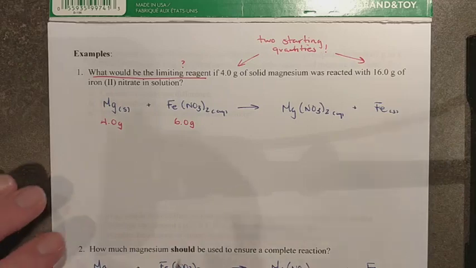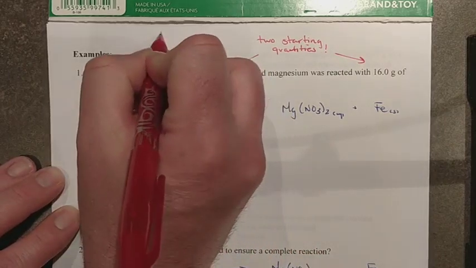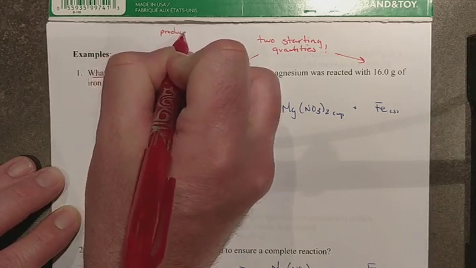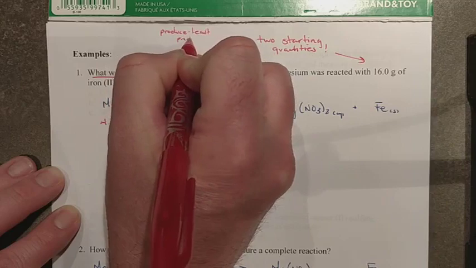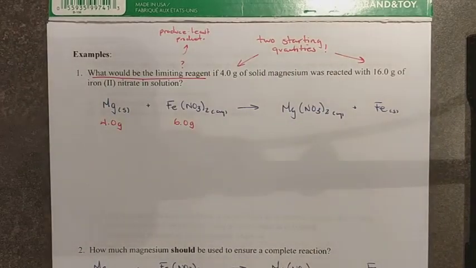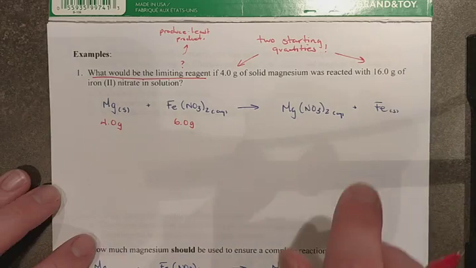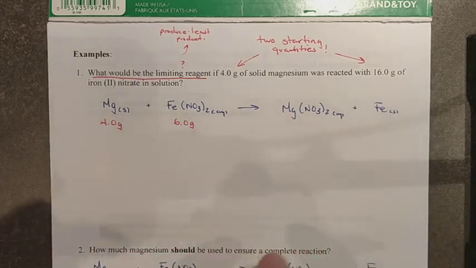And if you recall, the limiting reagent is the one that we say will produce the least product. So what we can do is run stoichiometry a couple of times, and figure out which one will produce the least amount of product. It does not matter which product you pick, so long as they're the same for both tests of your two reagents.